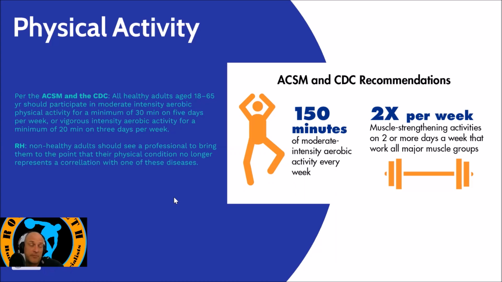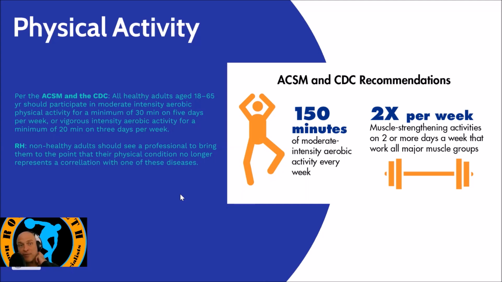From Root Health, which is me, we have a recommendation for non-healthy adults, because up here we're talking about healthy adults. Over here we're talking about non-healthy adults. When we say non-healthy, we mean those folks that have biometrics that are not within our ranges that we just discussed, or that cardiovascular metric that shows that we're able to get above those 5 metabolic equivalents.